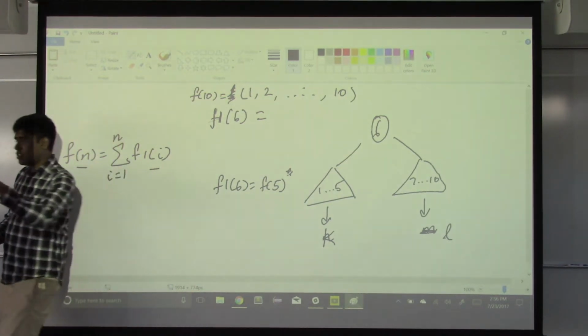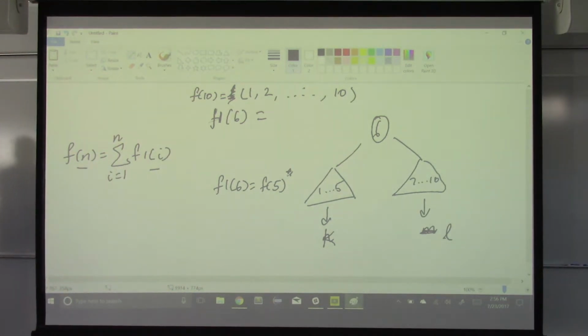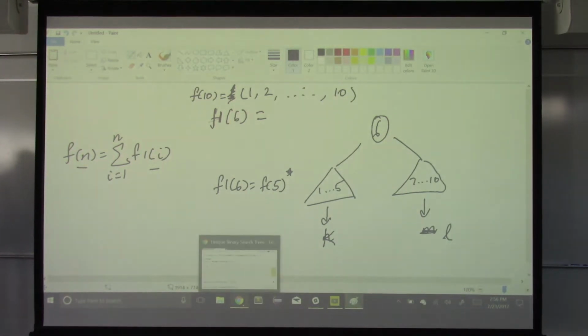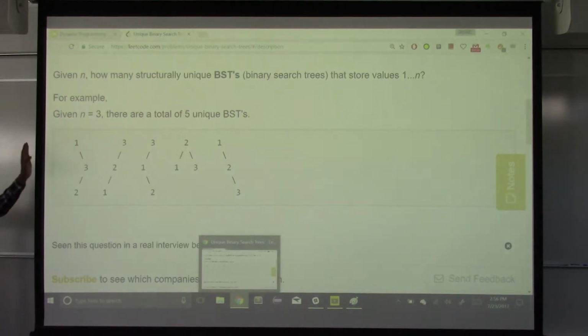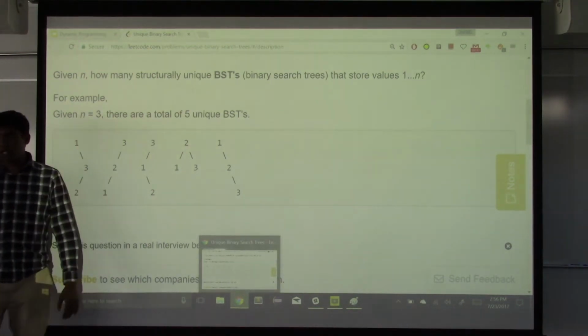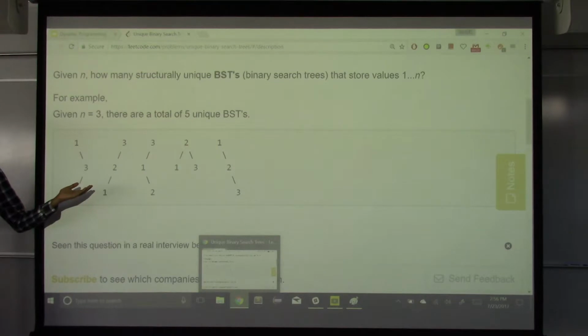Okay. So to address Sesha's question, I'll open another window and let's draw all. Basically, this is all the BSTs that I can form with the values 1 to 3. So what is your question about sorting?